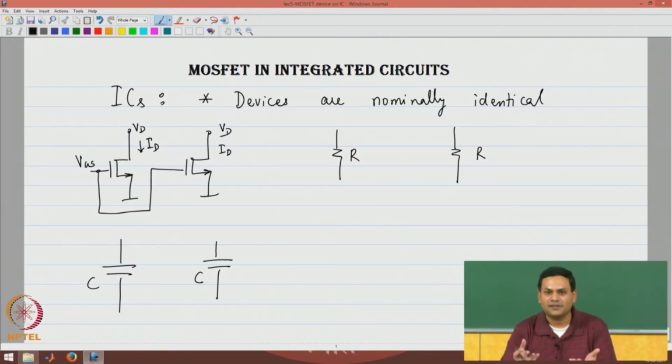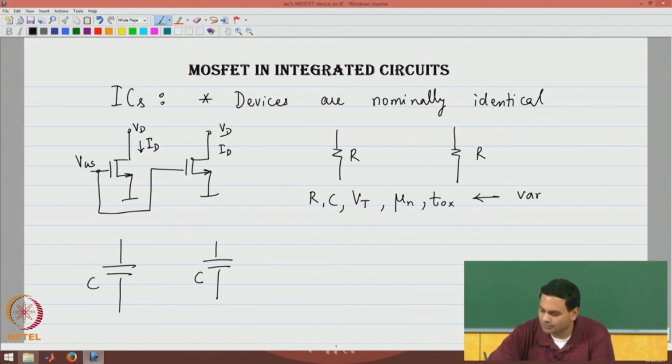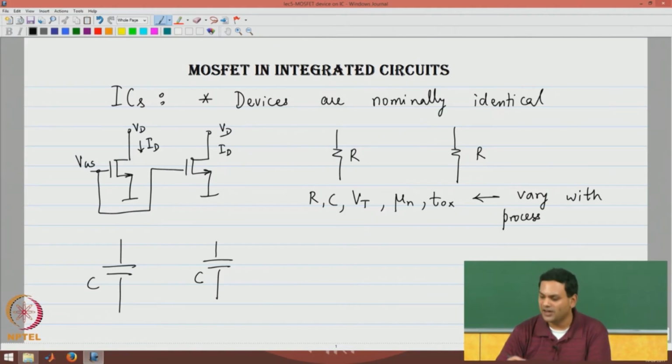Maybe the temperature of the furnace in which the substrate was baked was different, or maybe the doping concentration is slightly different, etc. The actual value of device parameters such as resistance, capacitance value, threshold voltage, the doping concentration, or the thickness of the oxide, all these things vary with the process. In other words, they are different for different ICs.